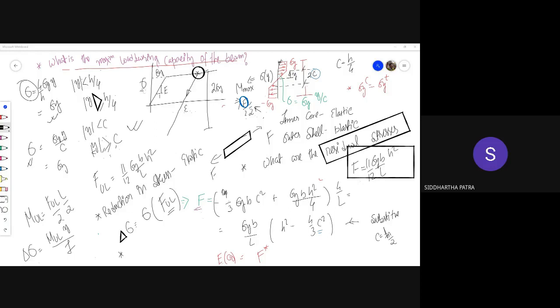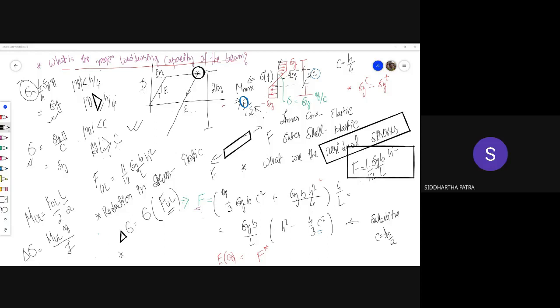So whatever stress you got at the end of elastoplastic deformation, okay, so you applied certain F value to have the elastic core of certain size, let's say h by 4. So you adjusted F such that you have the elastic core of that size. Okay, so that part has ended, the loading part has ended.